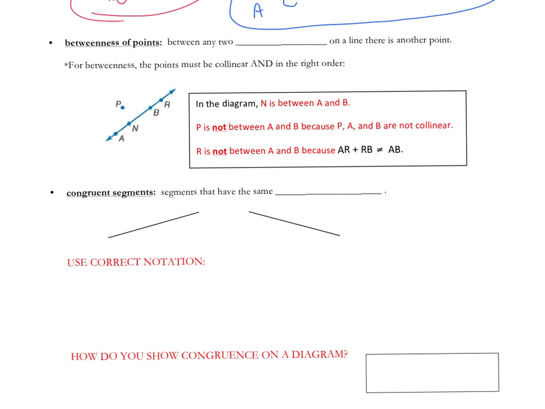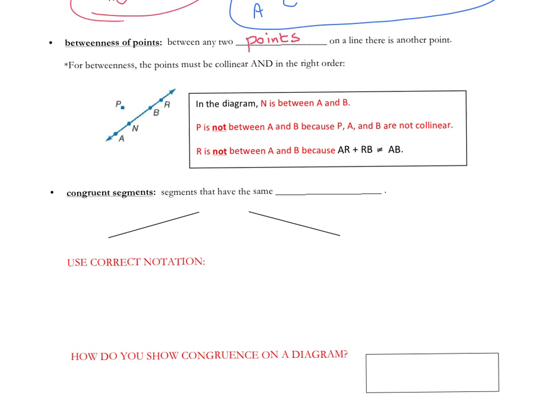Okay, the next term is betweenness of points. Between any 2 points on a line, there is another point. So again, for the idea of betweenness, the points have to be collinear and they have to be in the right order.